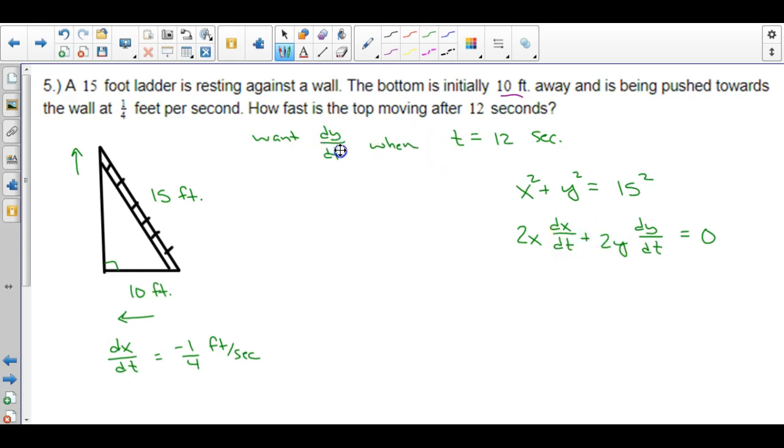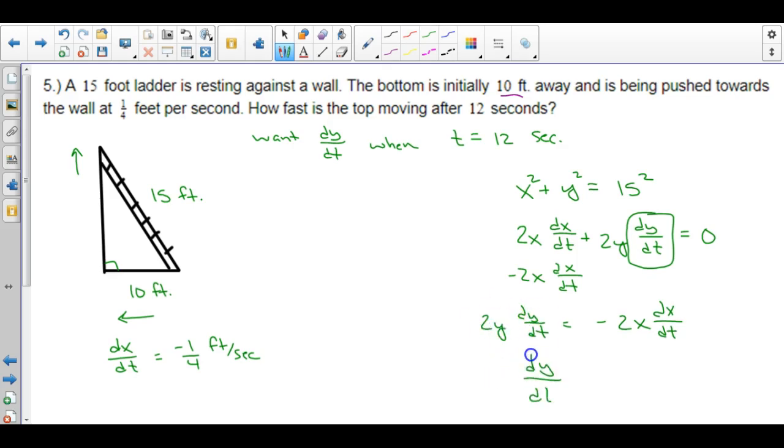So again, our goal is to find dy/dt. What I'm going to do right now is isolate that quantity. I'm going to do so by bringing this 2x dx/dt to the other side first. So I'm going to have 2y dy/dt is equal to negative 2x dx/dt, and then I'm going to divide both sides by 2y.